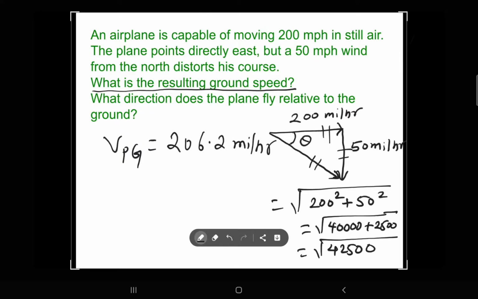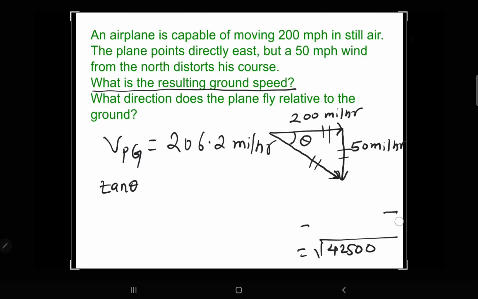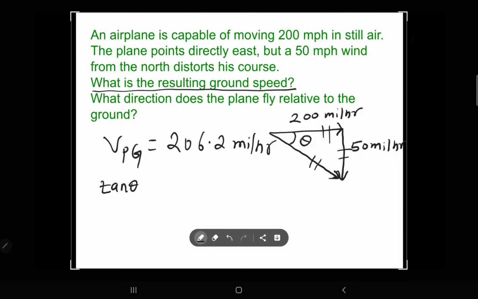So what will be the direction? Direction will be given by tan theta. From this figure, this is just a right angle triangle. If you use tan theta, it will be 50 divided by 200, right? And theta will be tan inverse of that, which is 1 by 4.